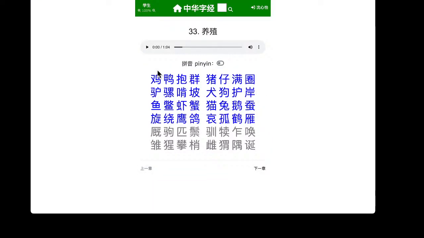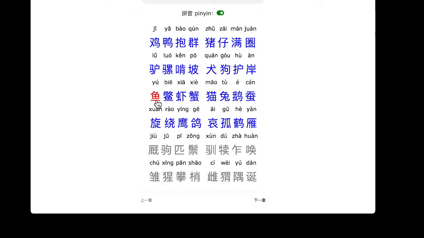Alright. And so here, these don't really have additional meaning in terms of the entire phrase. Like 鱼鳖虾蟹. This is just a list of 4 different types of creatures that live in the water. They're all bred for seafood, I guess.